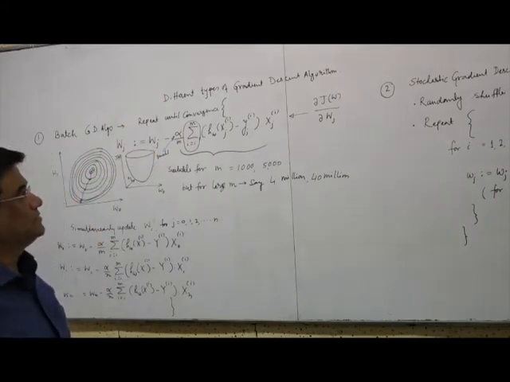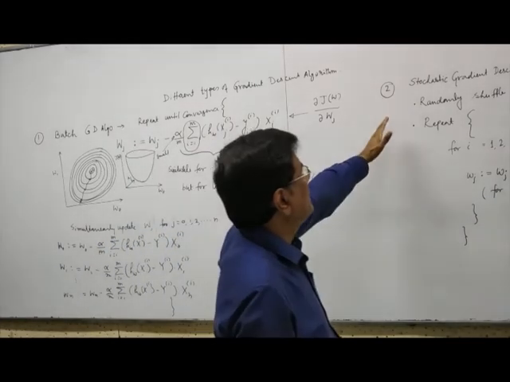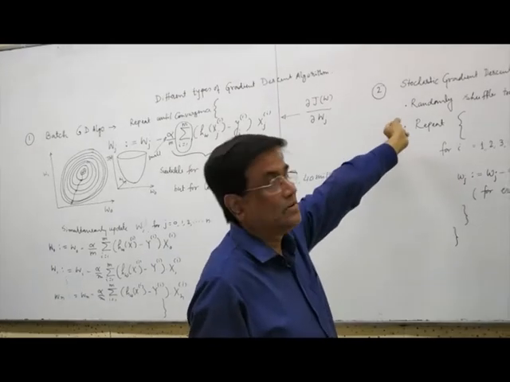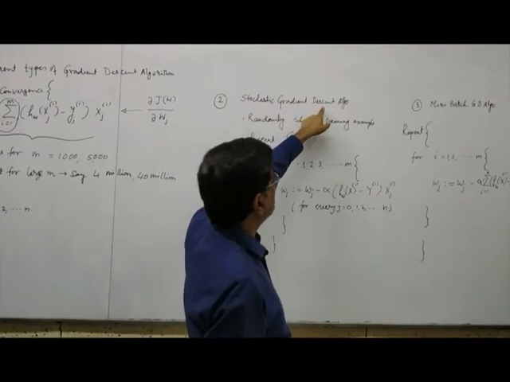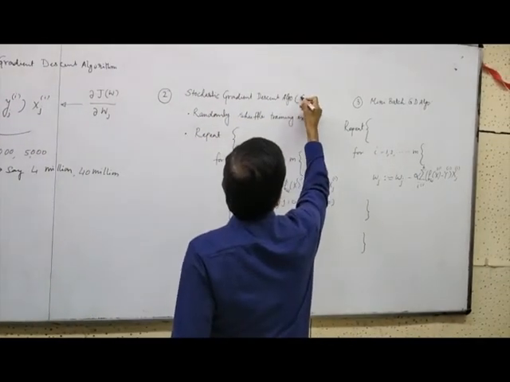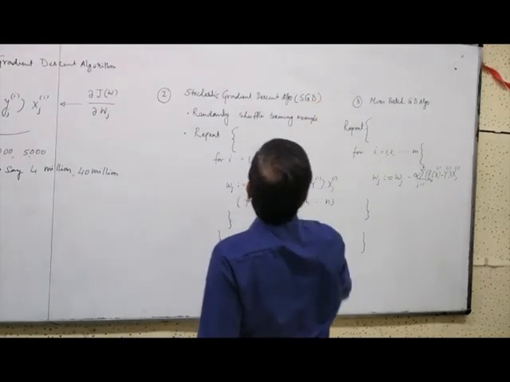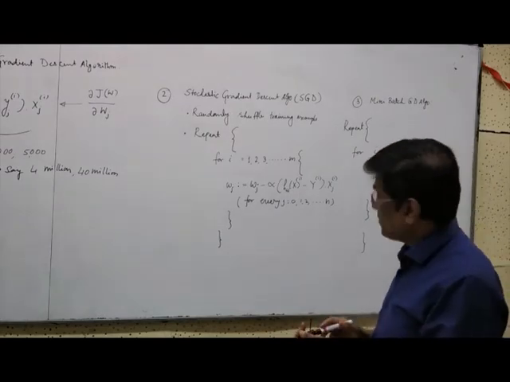So specifically for this reason, another modification we did, and the name of the algorithm is called the Stochastic Gradient Descent Algorithm, SGD, which is very popular.